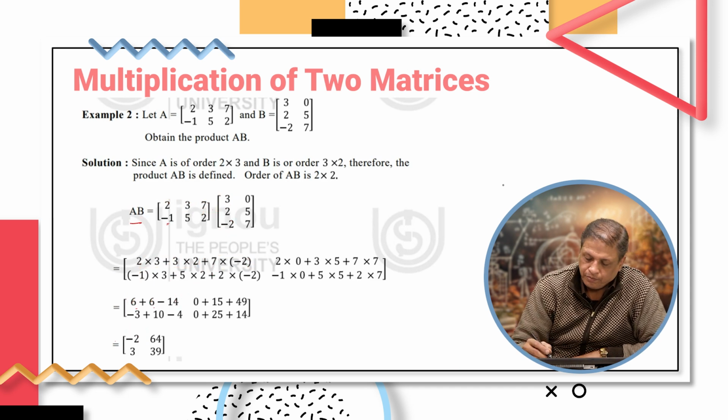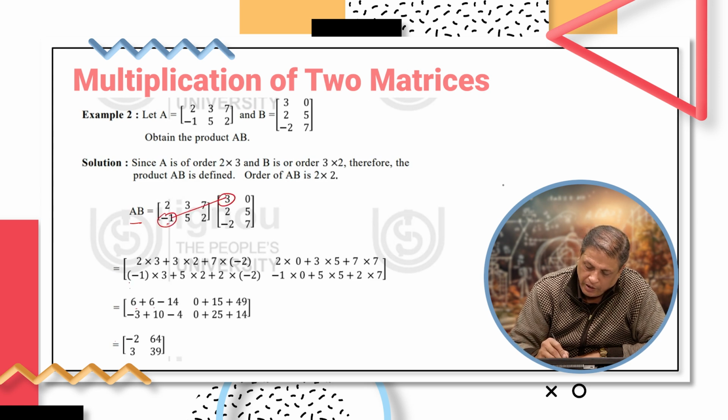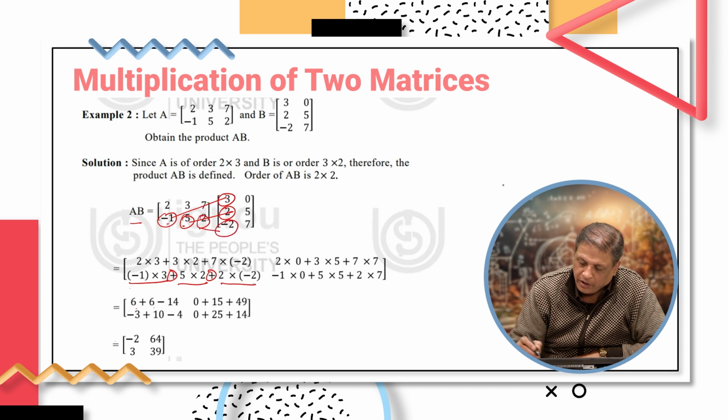Just see over here, minus 1 into 3. So, the first value is minus 1 into 3 plus 5 into 2. So, 5 into 2 plus 2 into minus 2. So, 2 into minus 2. So, minus 1 into 3 is minus 3, 5 into 2 is 10, 2 into minus 2 is minus 4, and 10 minus 7 is 3.